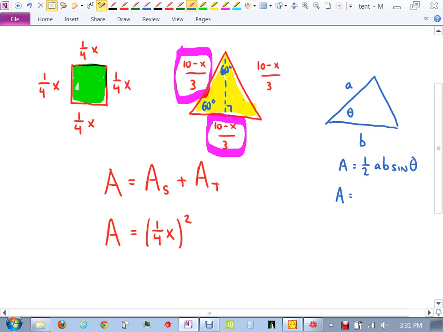60, 60, 60. Therefore, this formula becomes 1/2 AB sine of 60 degrees. So area is 1/2 AB sine of 60, which is √3/2, so you get √3/4 AB is the area.